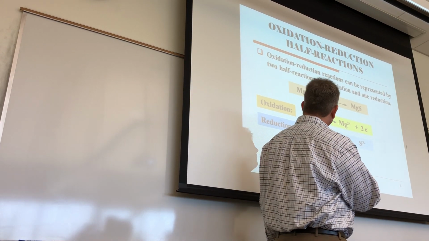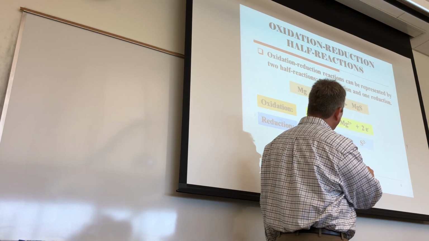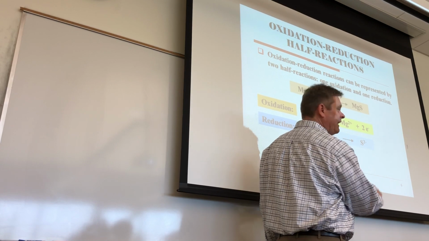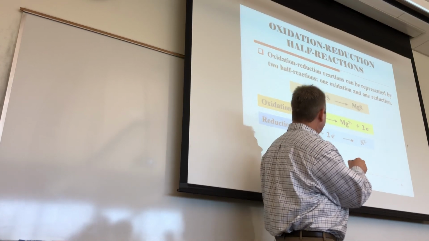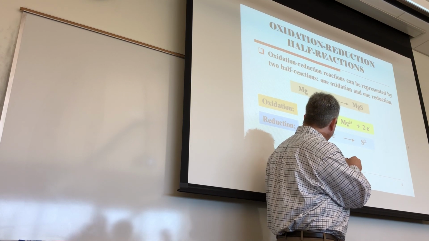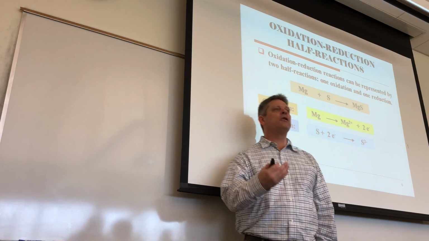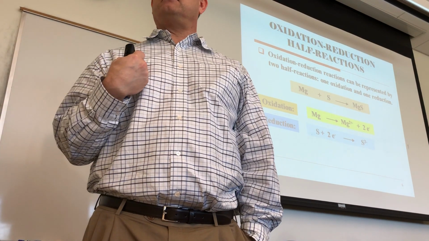Now when I look here, I have magnesium going to magnesium 2 plus ion. So this becomes this plus that. I start with this, and as the oxidation occurs, these are my products of it. So here I'm adding the electrons, the number of electrons that were lost, as a product.